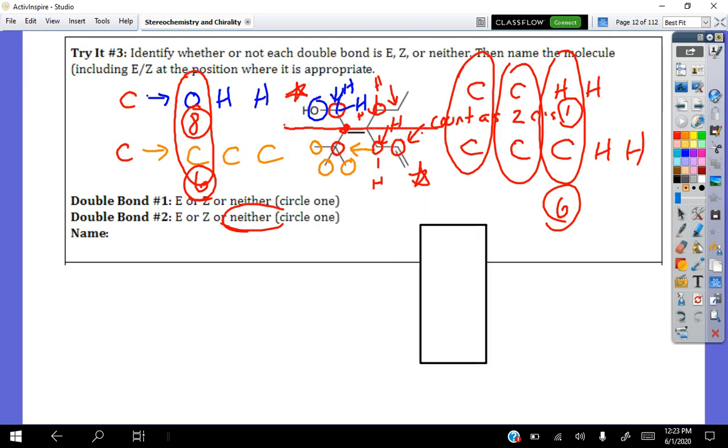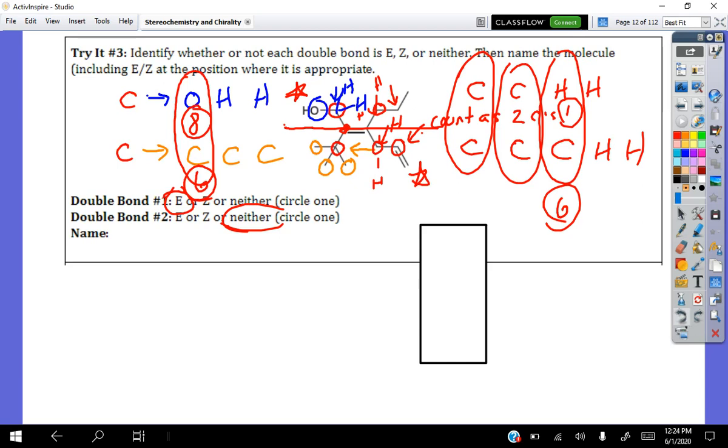All right, if we divide this in half, I see that the stars that I put are on opposite sides. So this molecule will be an E configuration. If the OH and the tertiary butyl group were switched, then it could be a Z configuration, but we'll just have to get some more practice with that, okay?